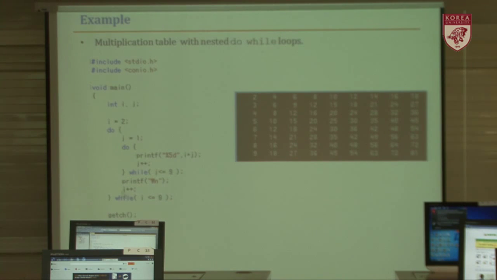Then I is increased by 1. Then we start the outer loop again for I equals 3. When I equals 3, the 9 numbers are also printed, from 3, 6, 9 to 27. Then it keeps looping. So in total, there are going to be 8 times 9, so 72 loop iterations in total.